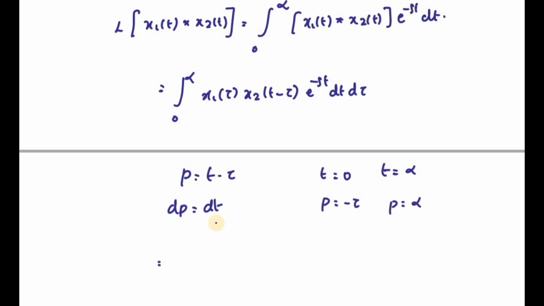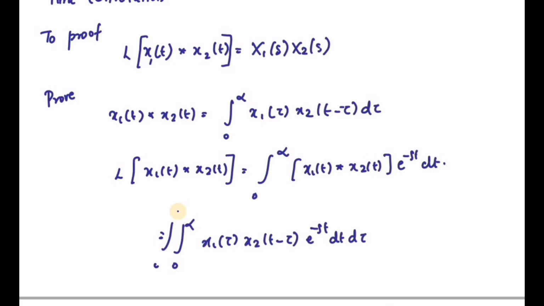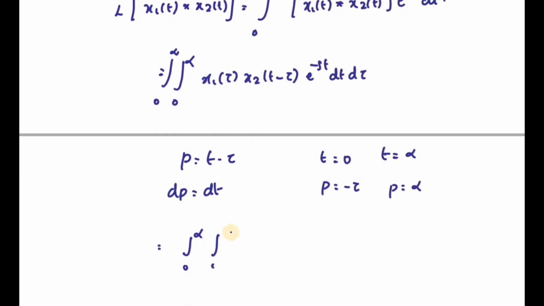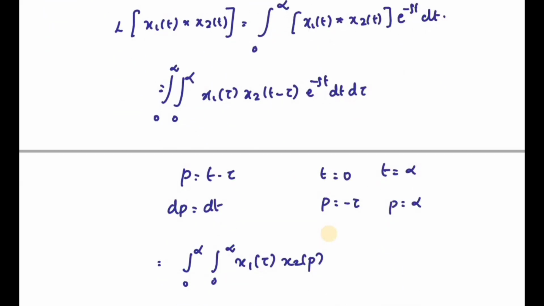So now I'm going to substitute in this equation. This becomes integral from 0 to infinity, and another integral from 0 to infinity, x1 of tau, x2 of p, then e power minus s times p plus tau, dp d tau.